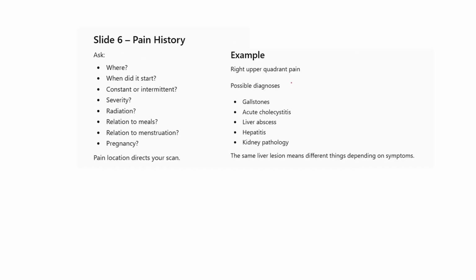Pain history: ask where it started, whether it is constant or intermittent, the severity of the pain, radiation, relation to meals, relation to menstruation, relation to pregnancy, and pain location to direct the scan. For example, right upper quadrant pain: possible diagnoses are gallstones, acute cholecystitis, liver abscess, hepatitis, kidney pathology.